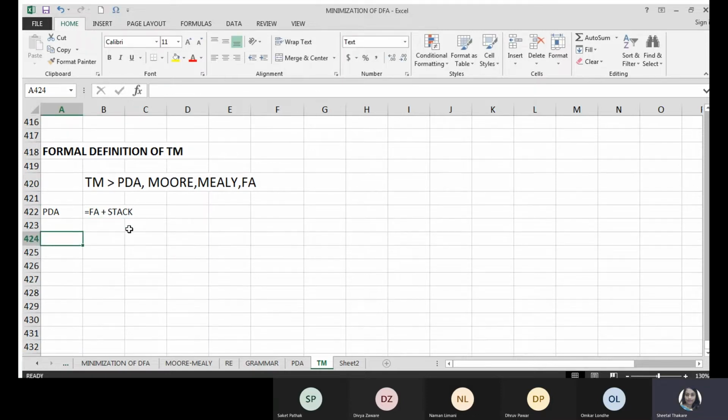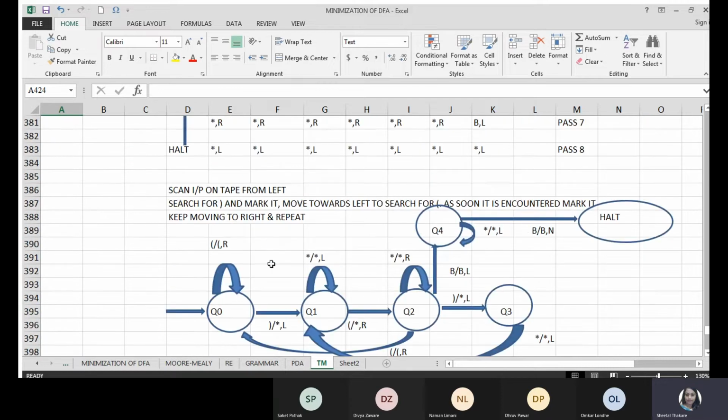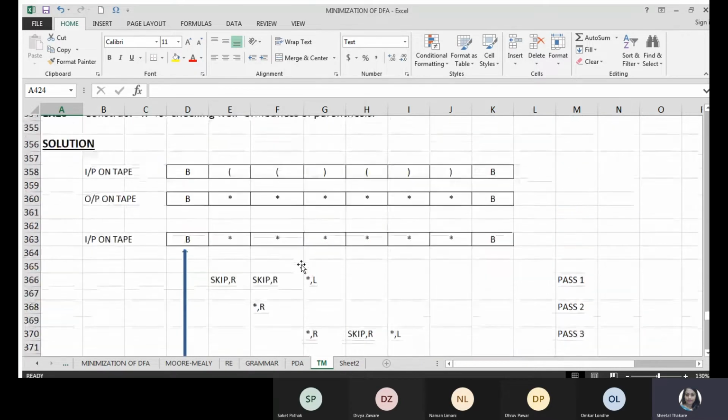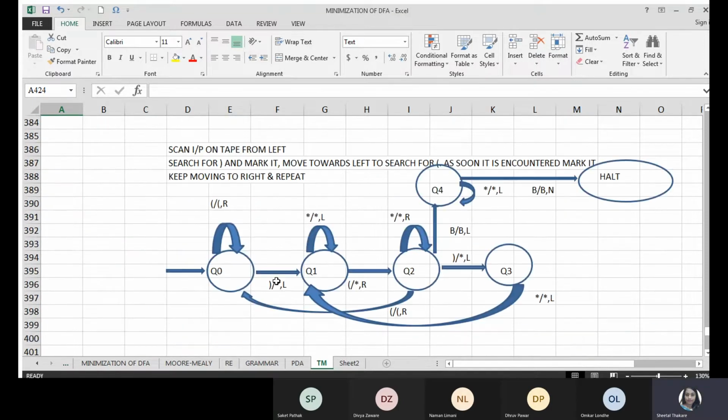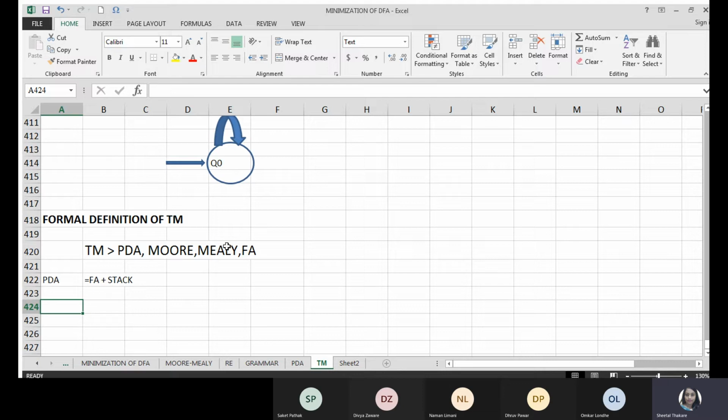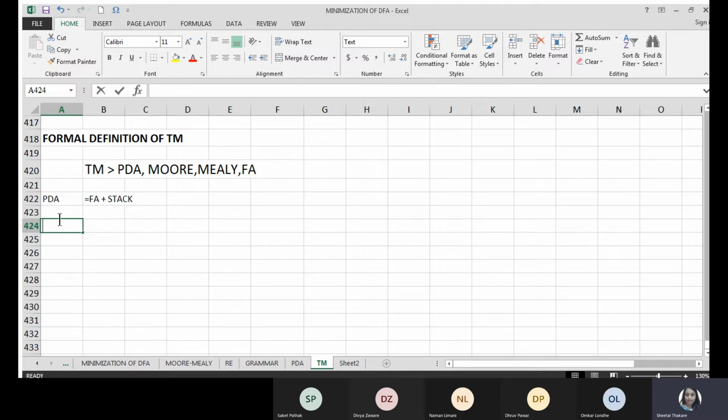So here I hope you people remember by now, and you can visualize that Turing machine is a tape along with FA. So here we will represent that Turing machine is nothing but FA and memory in the form of tape.